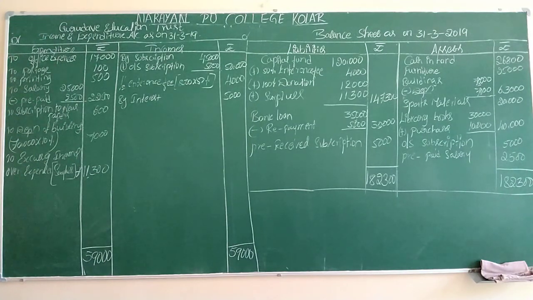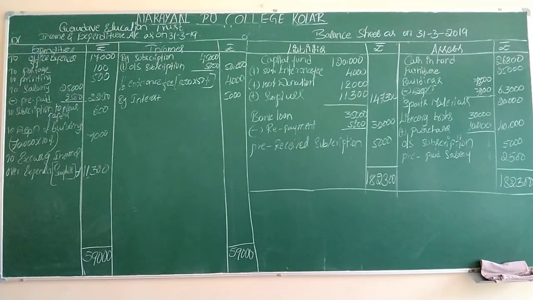Suppose the previous year's information is given but it is not carried forward to the present year, then we consider it as an expense and deduct it. But here the same value has already been carried forward. If it is not carried forward, we won't consider that value. So we should ignore the past year and consider the present year expenses.